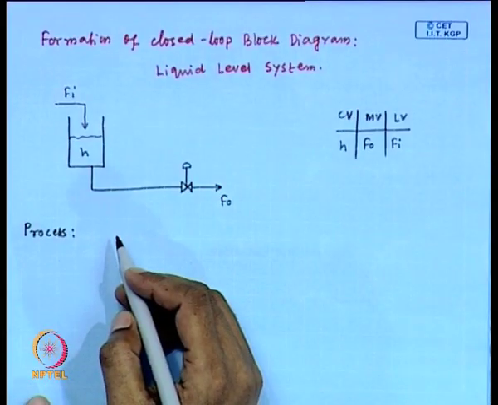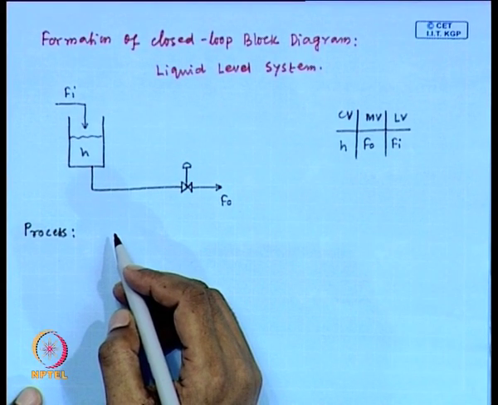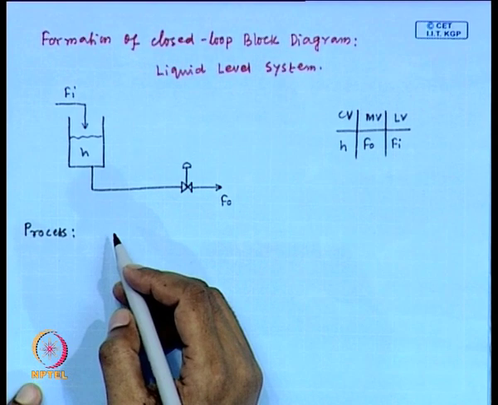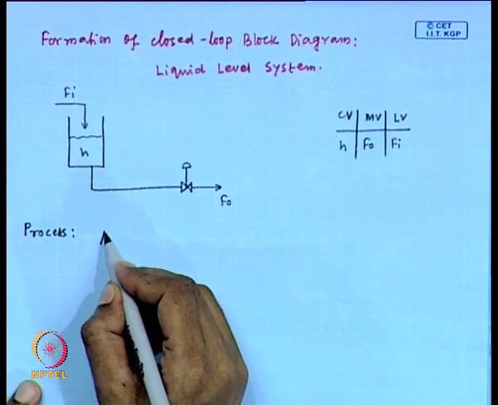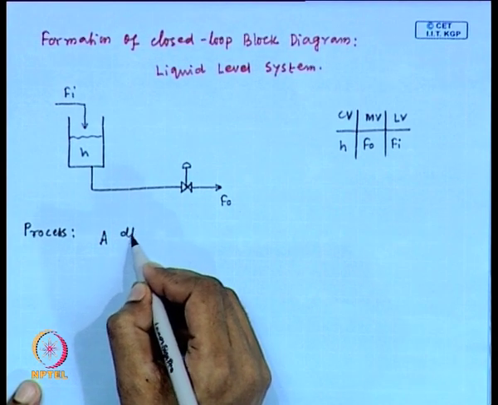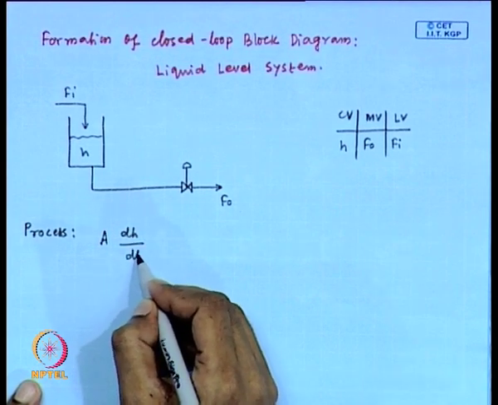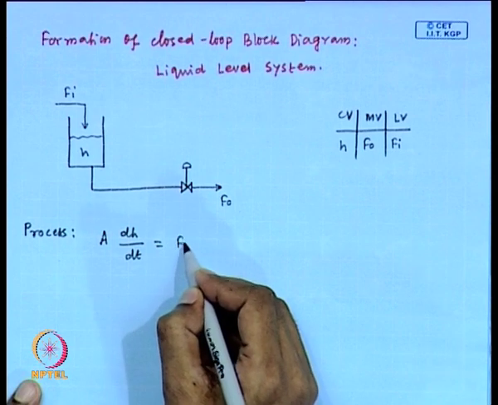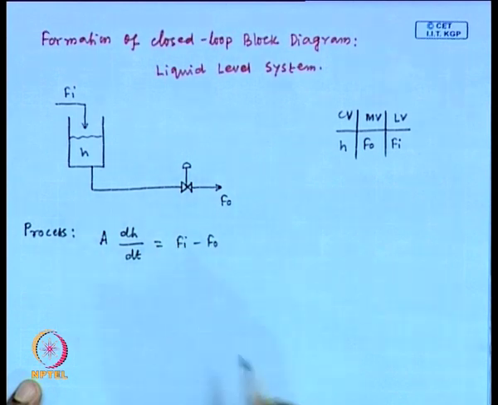For developing the transfer function of a process, we need the model. So, the model we can represent by this ordinary differential equation, A dH/dt equals Fi minus F naught. This is the modeling equation for the liquid level system.